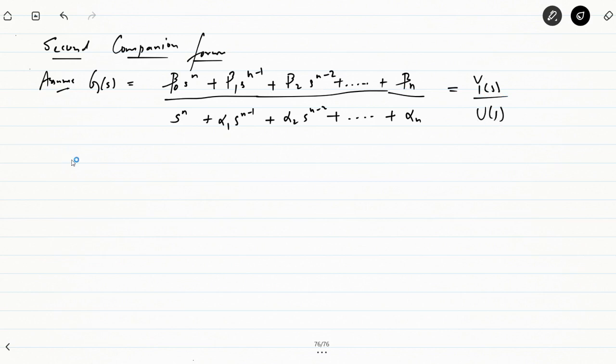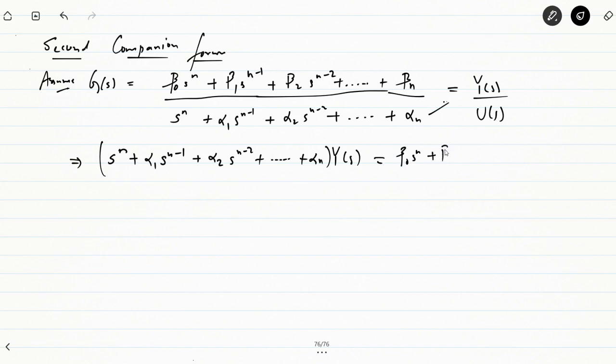Simply cross multiplying, what we'll get is (s^n plus alpha 1 s^(n-1) plus alpha 2 s^(n-2) so on up to alpha n) times Y(s) is equal to (beta naught s^n plus beta 1 s^(n-1) so on up to beta n) times U(s).